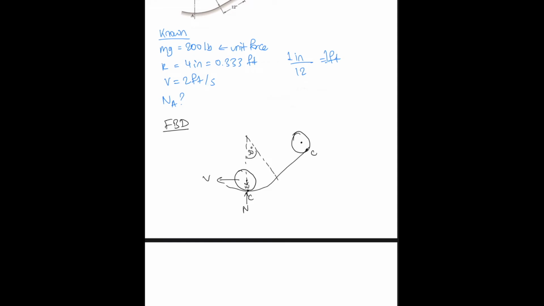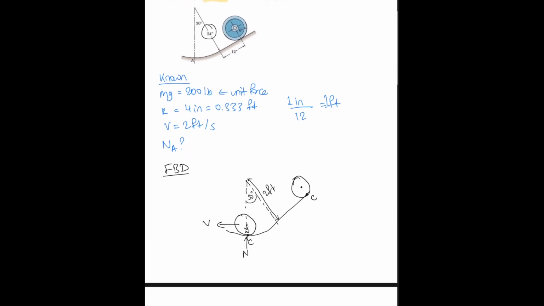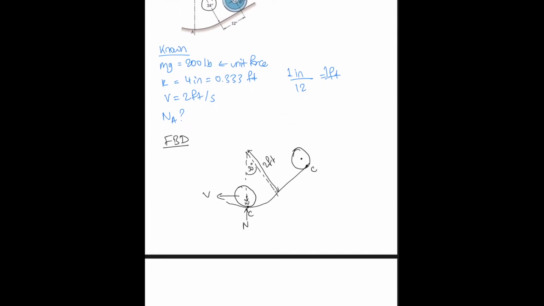And the radius from this point here to this point here is going to be 2 feet. So 24 inches, 2 feet is 2 feet. The radius of the wheel is 0.5 feet.